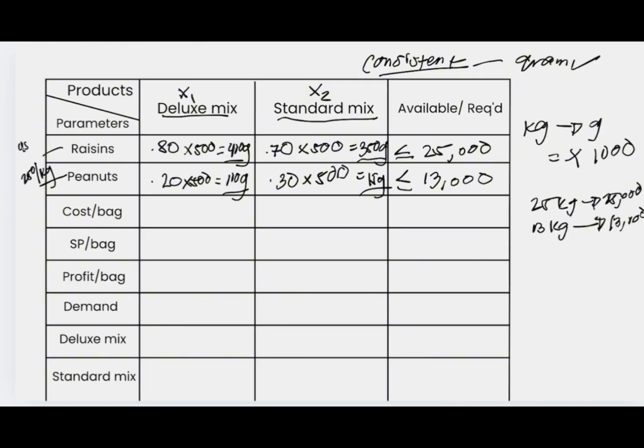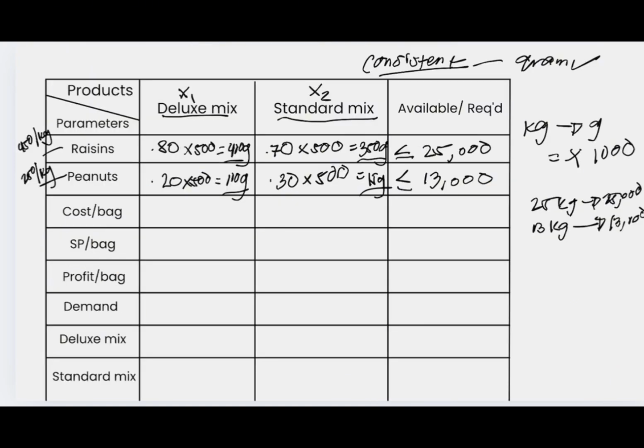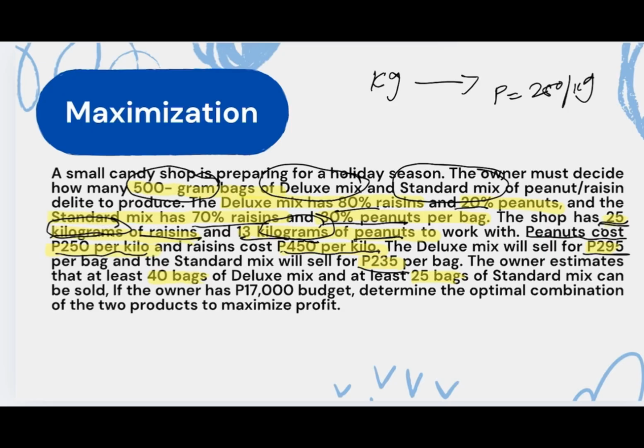Also given is that the deluxe mix is 295 pesos per bag and the standard mix is 235 pesos per bag. That's their selling price. So the deluxe mix selling price is 295 pesos and 235 for the standard mix.